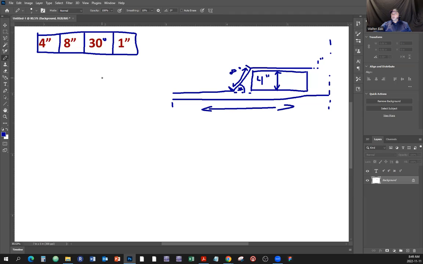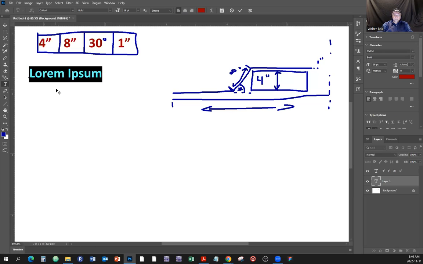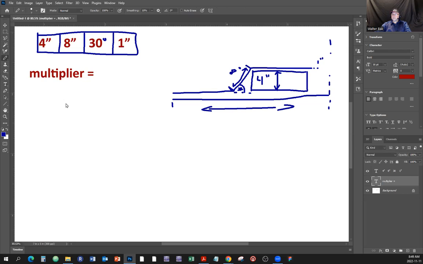All right. So first we have to find the multiplier. What's the multiplier? A multiplier is the cosecant of the angle.